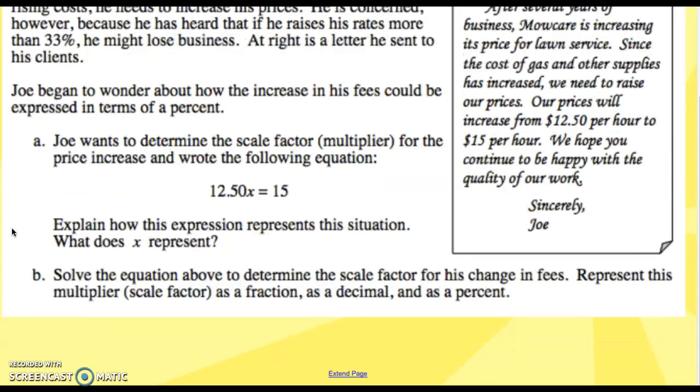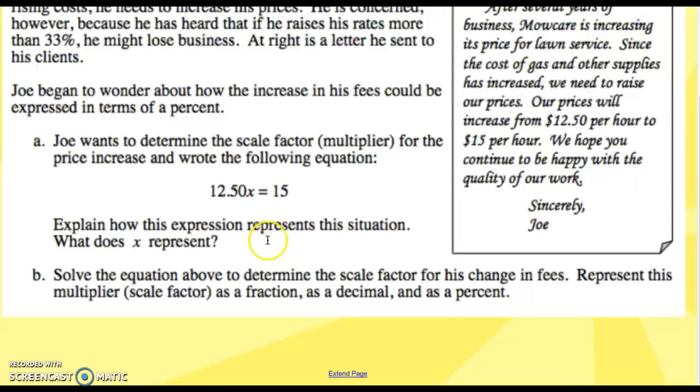A. Joe wants to determine the scale factor, the multiplier, for the price increase and wrote the following equation. $12.50 times x equals 15. Explain how this expression represents his situation. What does x represent?